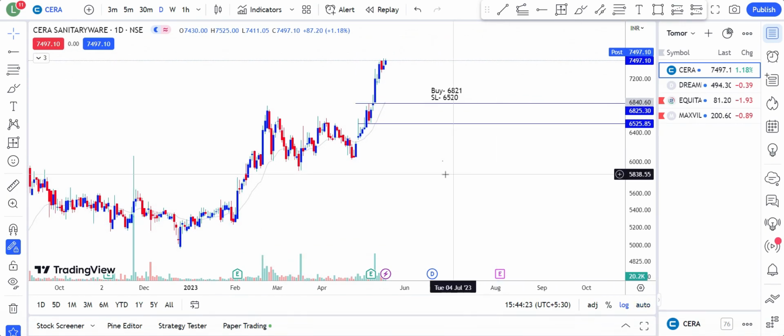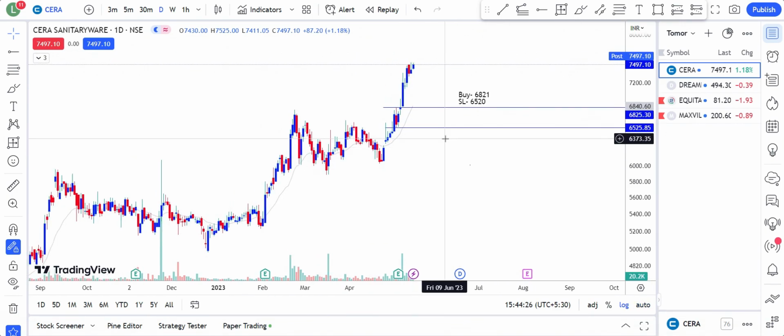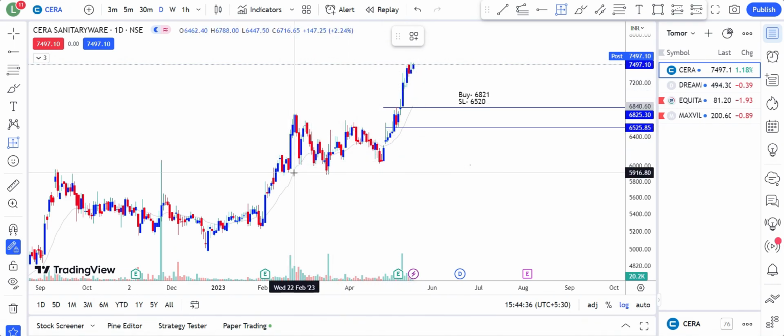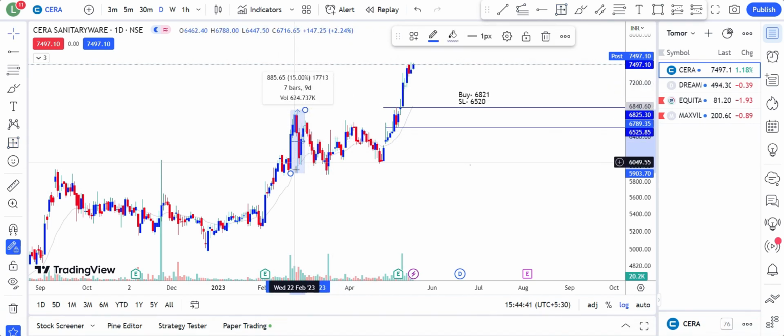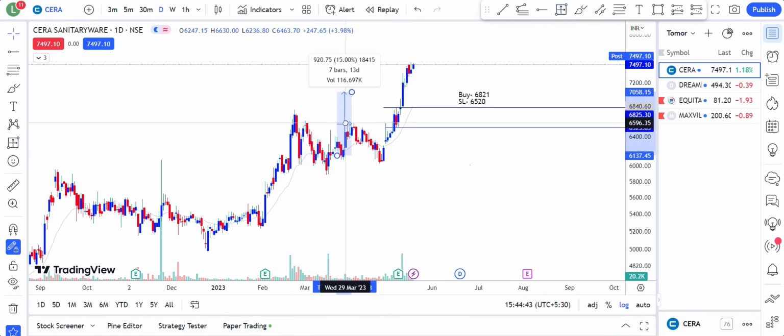If you see, Sierra Sanitary Ware has been going very strong, and in fact I would just like to book some position here or get out of this stock by booking some position. Whenever the stock is around 15% up from the 20 MA, it gives a retracement.